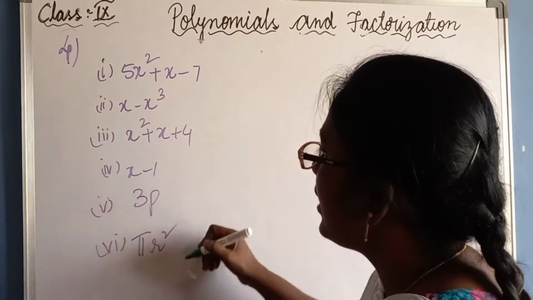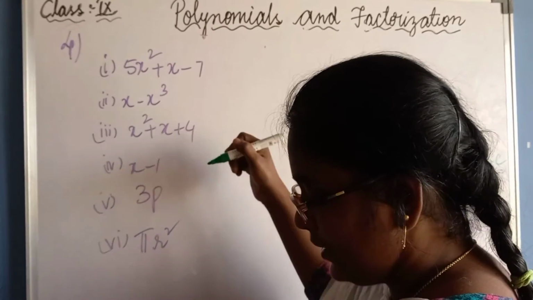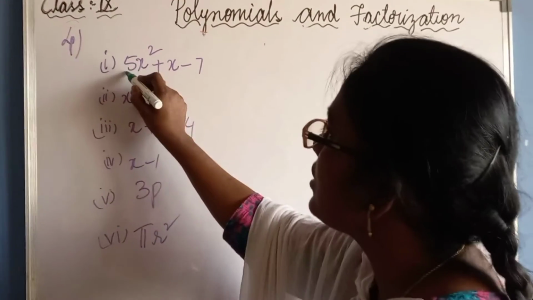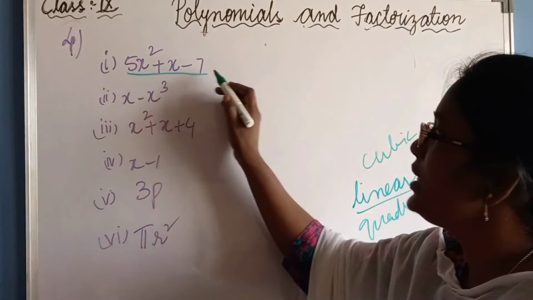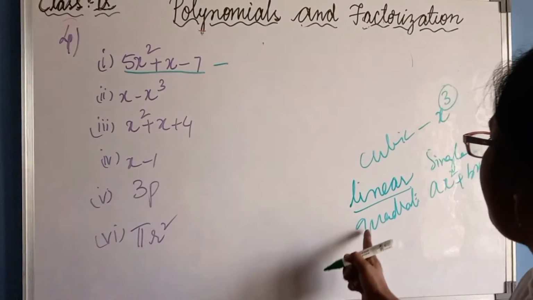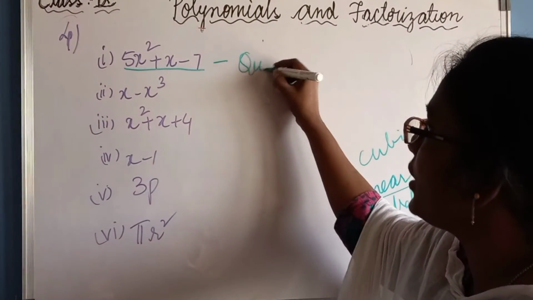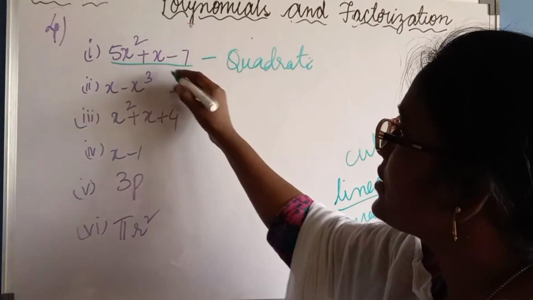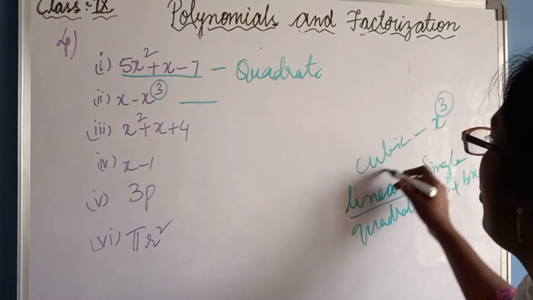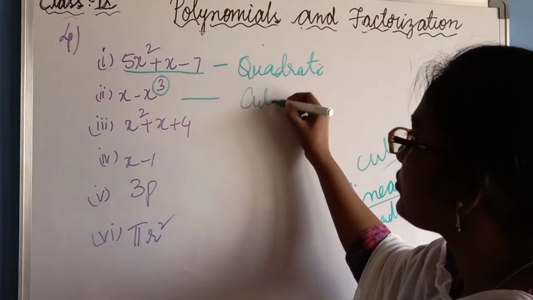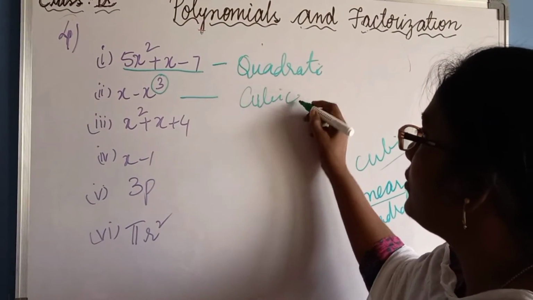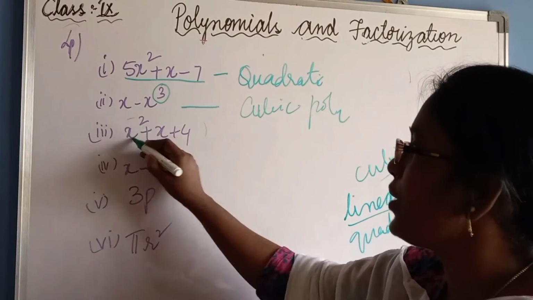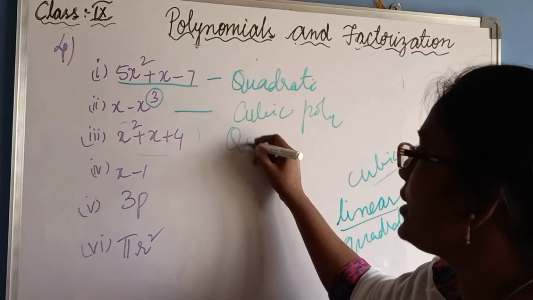Now let us find out which is linear, which is quadratic and which is cubic. This is in the form of ax square plus bx plus c, hence it is a quadratic polynomial. This is cube, so cubic polynomial. Now this is again in the form of ax square plus bx plus c, so quadratic again.